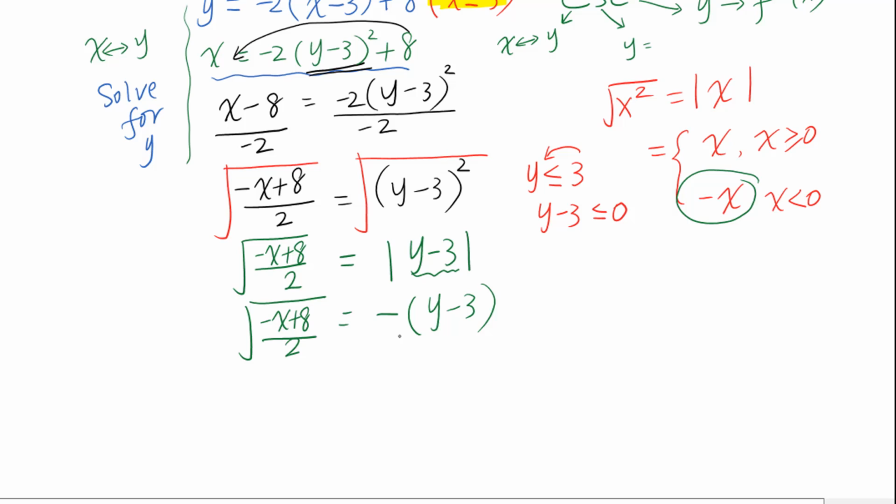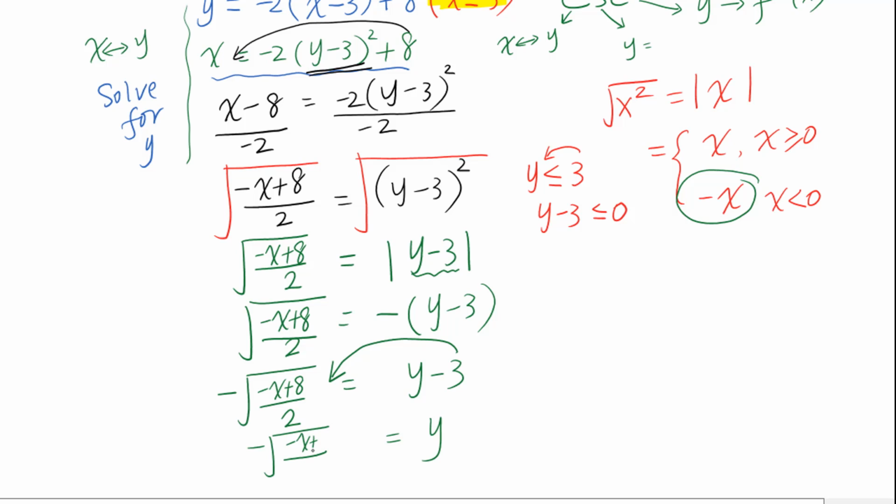Then divided by negative 1, you will get y minus 3 equals negative square root of negative x plus 8 over 2. Cross the river, change sign, you will get y equals negative square root of negative x plus 8 over 2, plus 3.